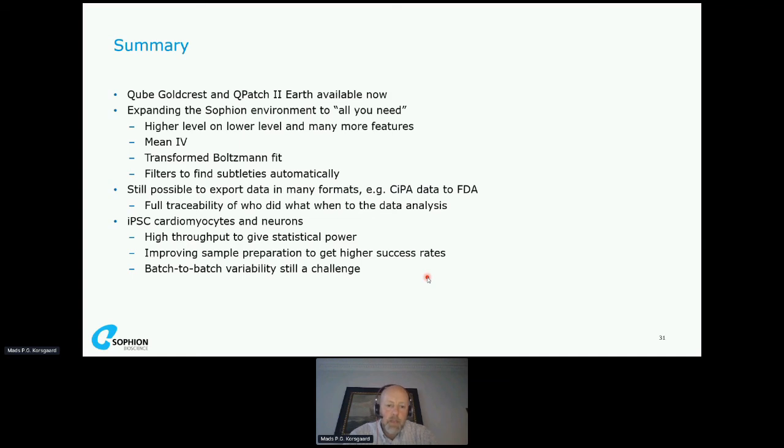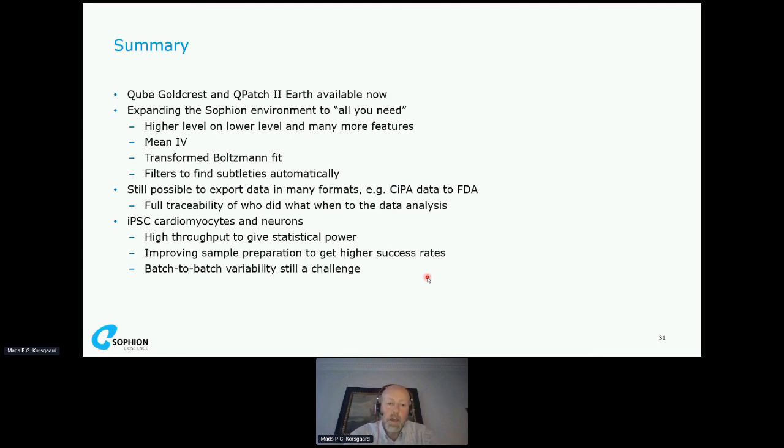You can make the mean IV. We have a transformed Boltzmann fit. We have extra filters to find subtleties automatically. It is, of course, still possible to export the data in many formats, for instance, the SEND format to the FDA. And there's full traceability of who did what and when to the data analysis, so it's very easy to find out. And we also have a hierarchy, so you can control who is allowed to do what.